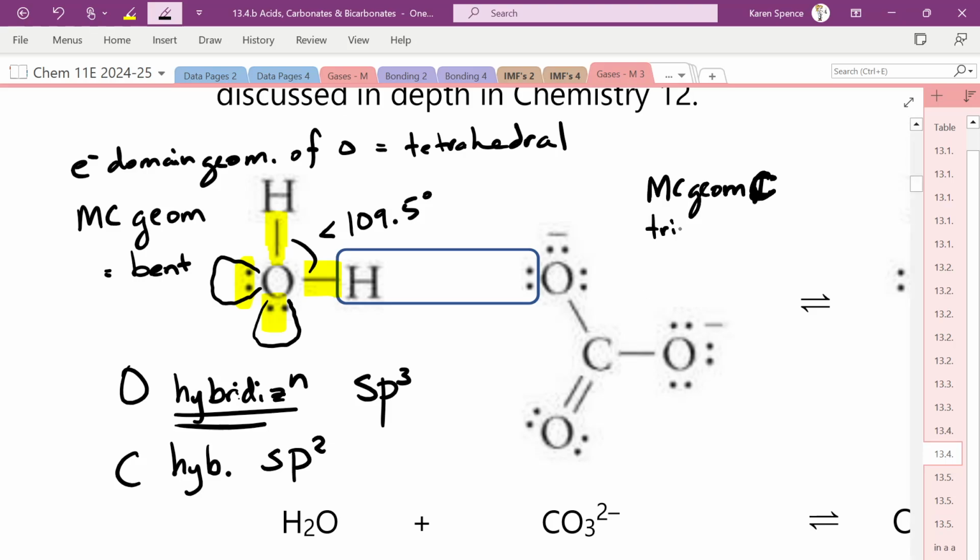Trigonal planar. And what is the bond angle? 120 degrees. Which of these three bonds in the carbonate is the strongest?